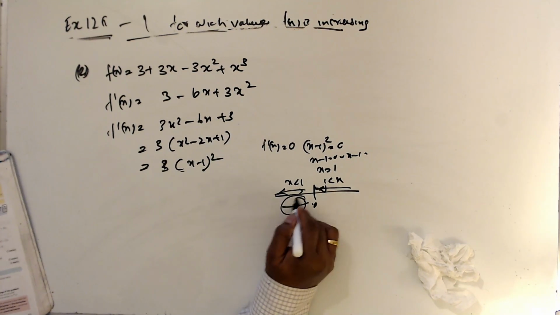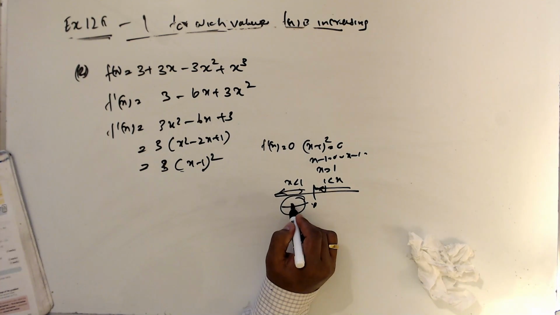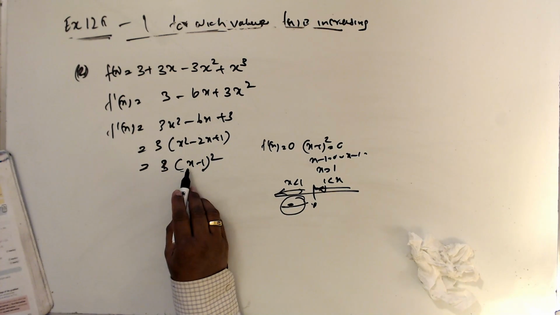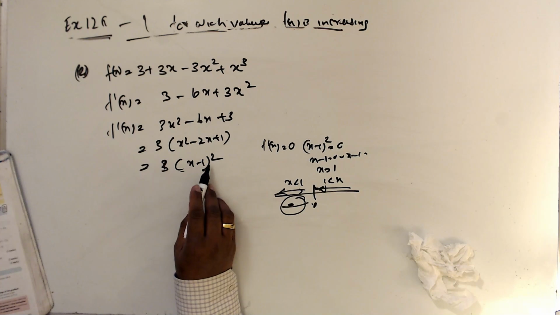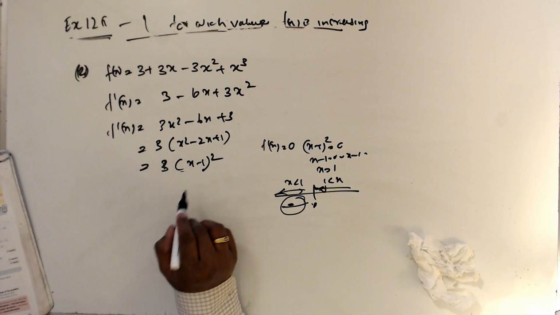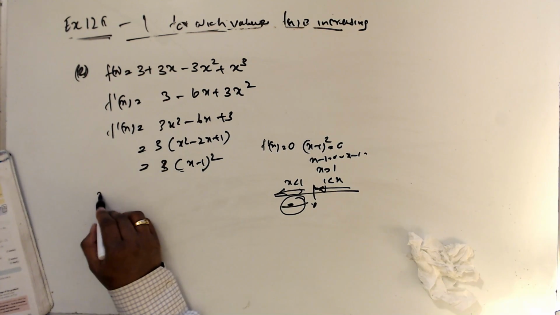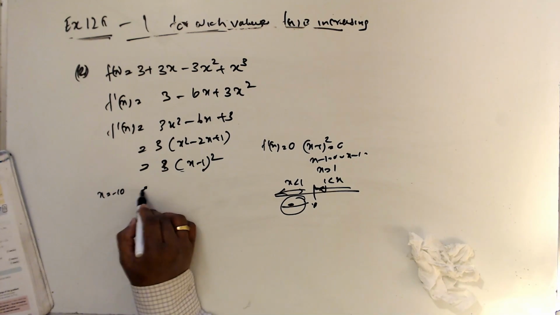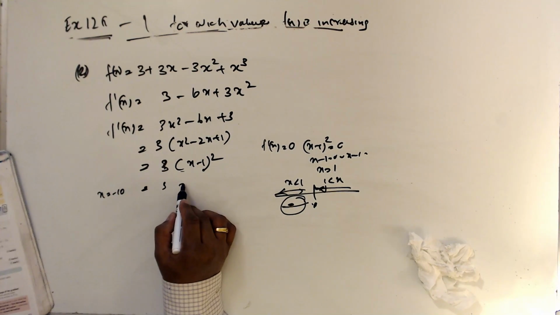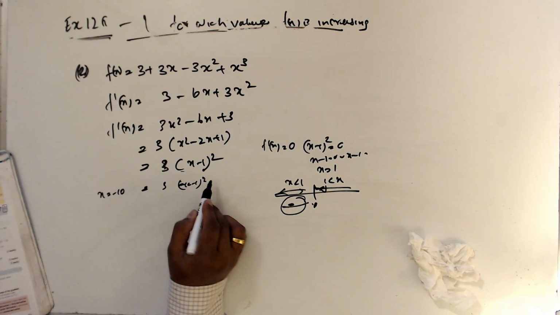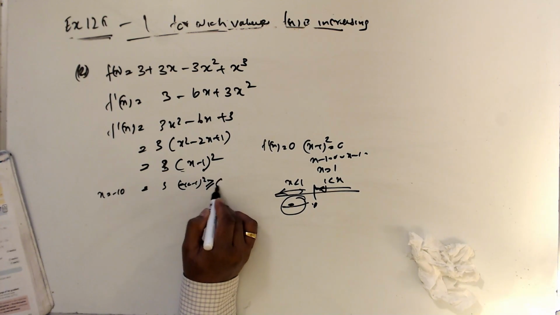Take any value from here, let's say minus 10. When you put minus 10, do you get a positive or negative value? X equals minus 10, 3 times minus 10 minus 1 square. So this is greater than or equal to 0.